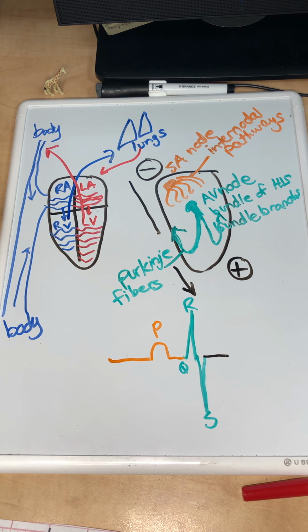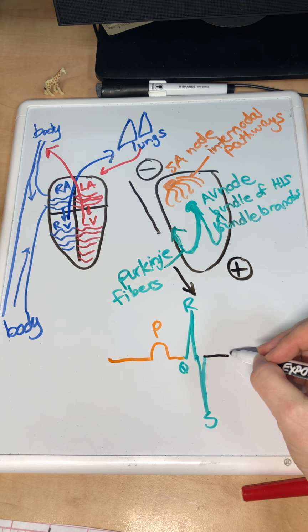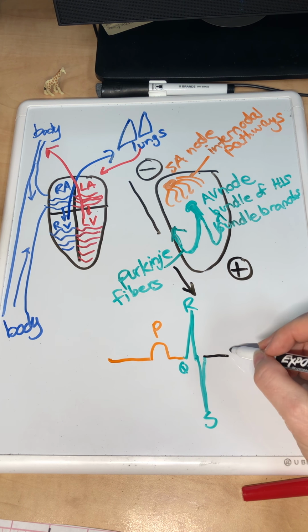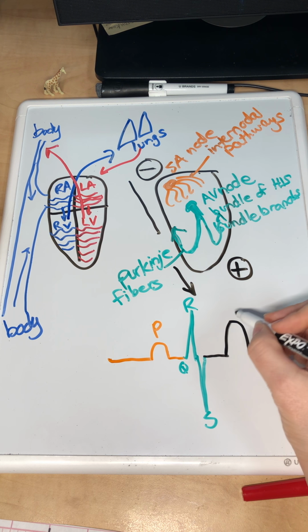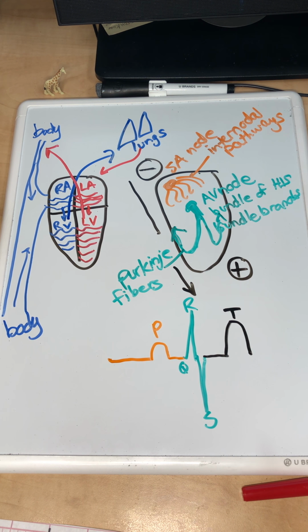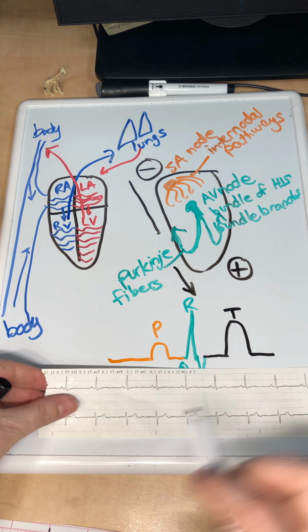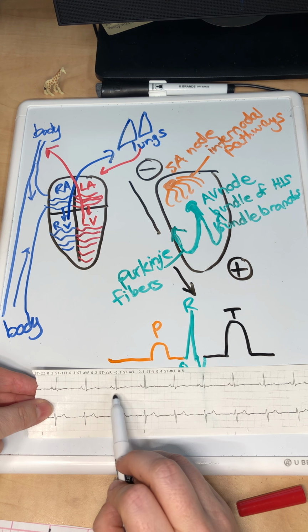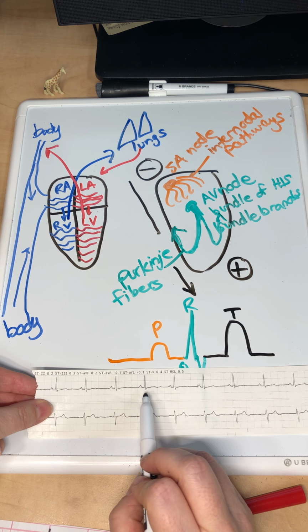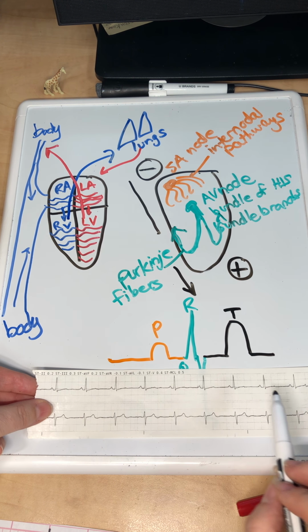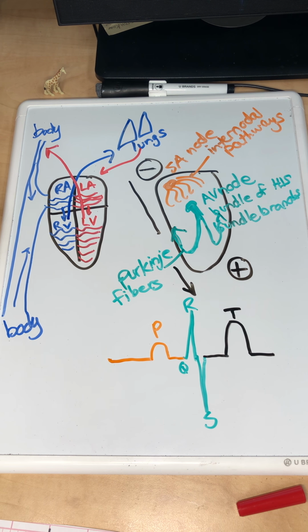I call it a rejuvenation. So you have to recover from all that electricity traveling through and reset, and that's where you get the T wave. So that's the repolarization or resetting of the cells so that we can start all over again, the PQRST, okay? And ideally, you have PQRST, PQRST, PQRST over and over and over 60 to 100 times a minute.